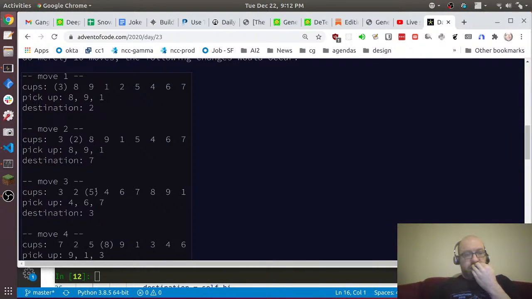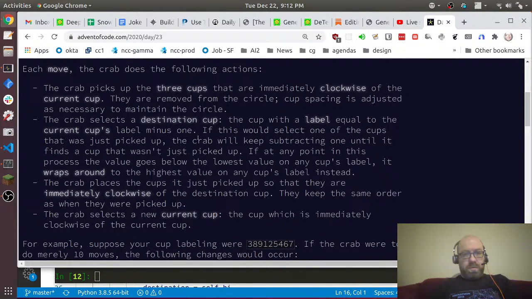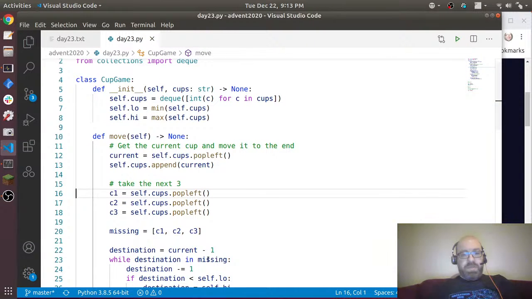So why is that? Destination 7. I think I read the instructions wrong. The crab selects a new current cup: the cup immediately clockwise of the current cup. Okay, so that's the issue.